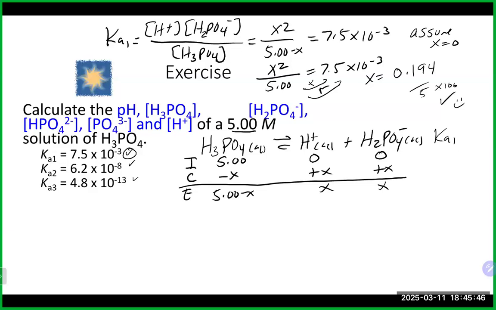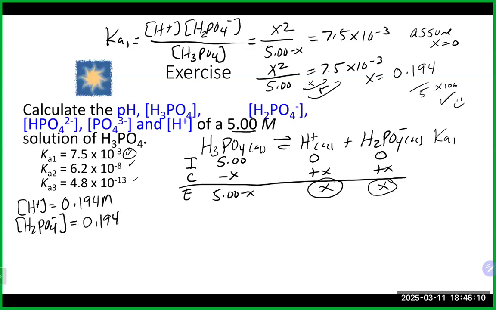All right. So what that means is off of this first table, we actually have a lot of information given to us. We just calculated that the H plus concentration is going to be 0.194 molar. We also have the concentration of H2PO4 minus, which is 0.194 molar.